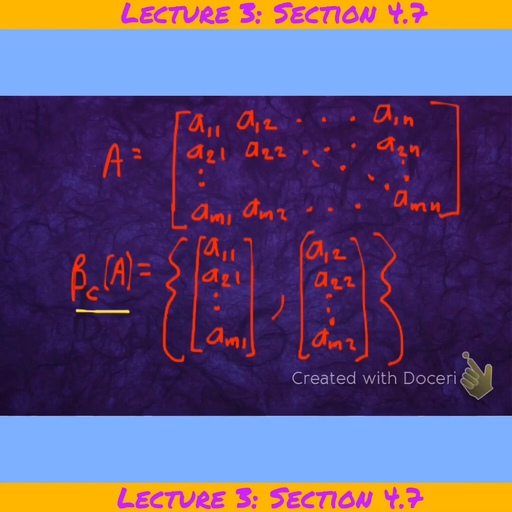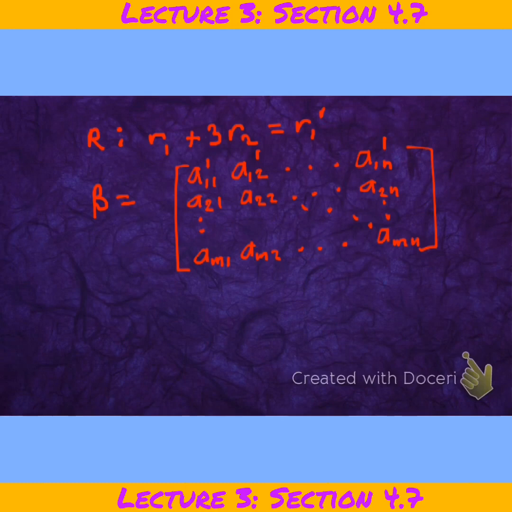And there's our matrix B. And we obtained B from A by applying this row reduction. We changed the first row by adding 3 times the second row of A to the first row of A, and that created a new matrix B, which is row equivalent to A.